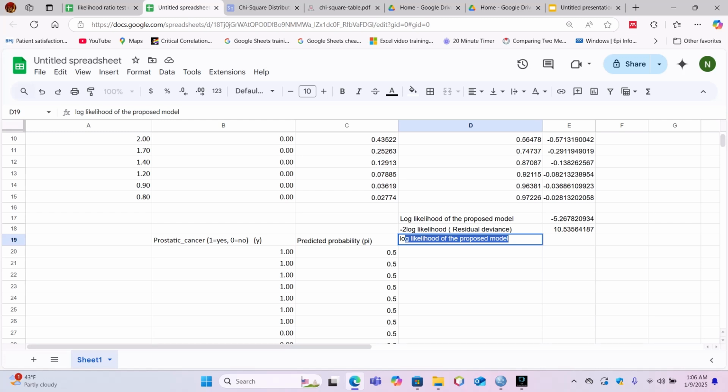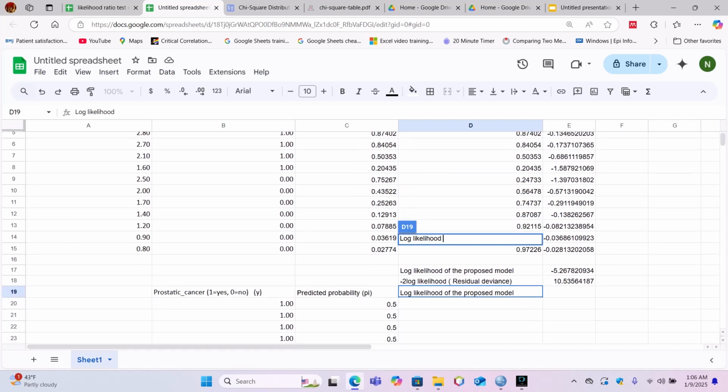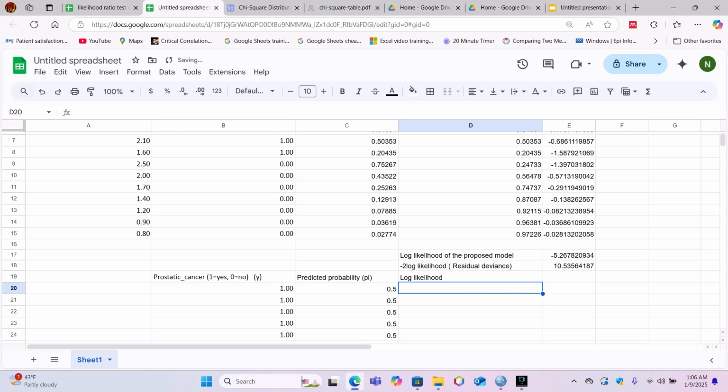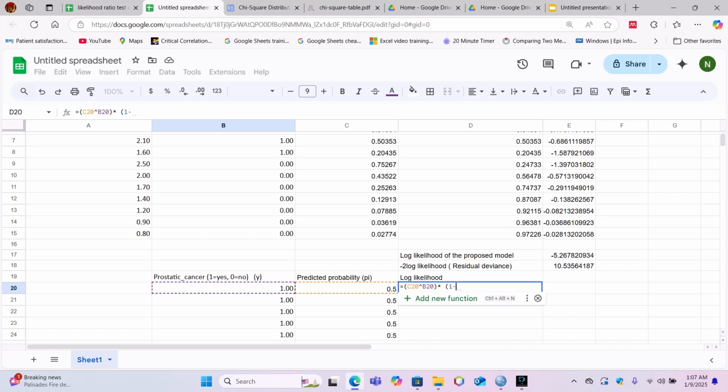Using the above formula as before, we get the likelihood as pi raised to y, and we'll multiply this by 1 minus the predicted probability, which will be raised to 1 minus y.